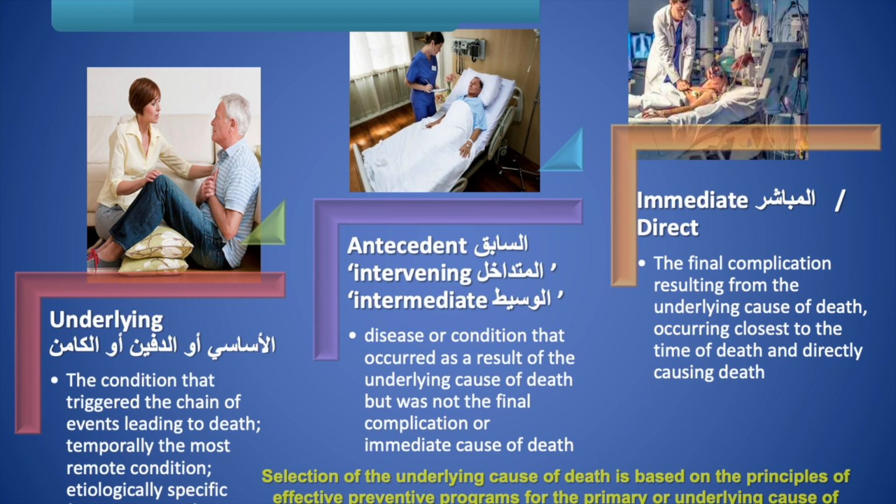Fracture femur or fracture leg, something like that. So the fractured leg or the fractured femur is the underlying cause of death. This is the trigger, or this is the event that started the process of events leading to death at the end. Okay, it is not the DVT.